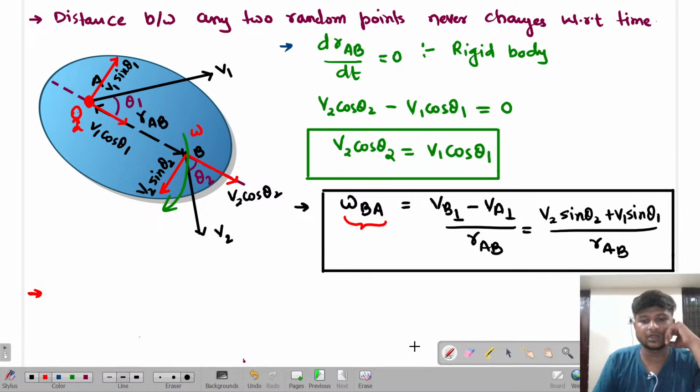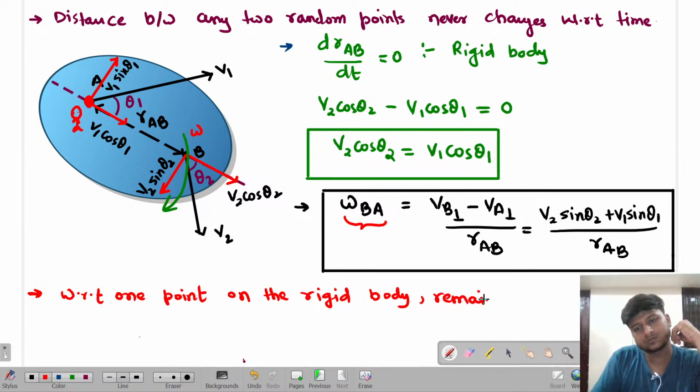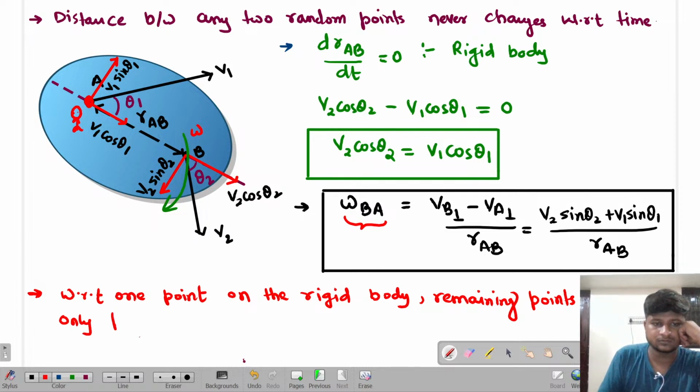And this gives us one conclusion: with respect to one point on the rigid body, the remaining points only perform circular motion.